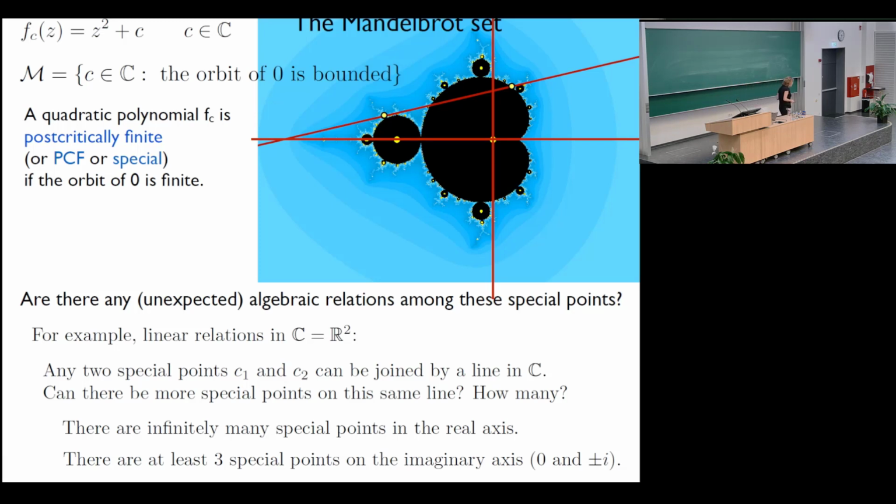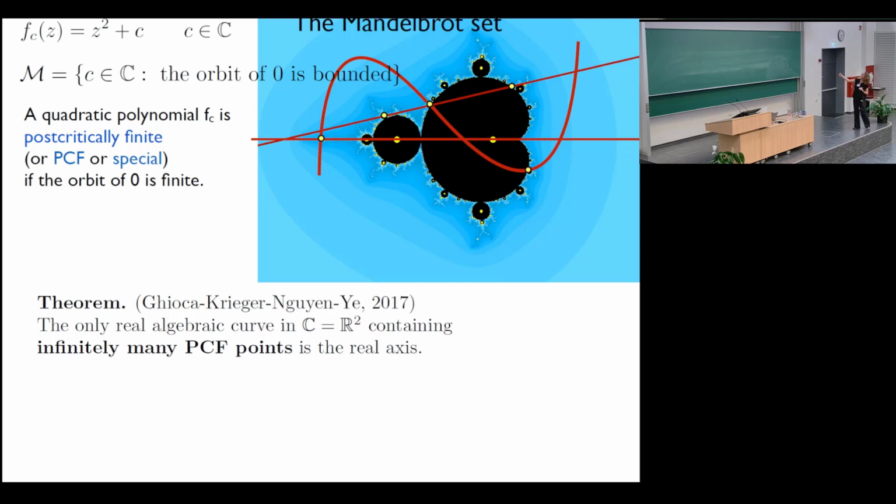So let me say what was known. Just recently, a group of mathematicians I want to mention were exploring a similar question. They didn't formulate it this way, but this is a consequence of their main theorem. They observed that if you take any real algebraic curve, so I'm in R2 here, which I'm identifying with C, and you look at the special points along that curve, the only such curve that might have infinitely many special points is the real axis.